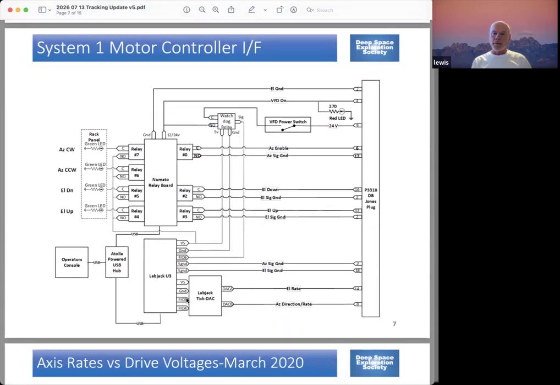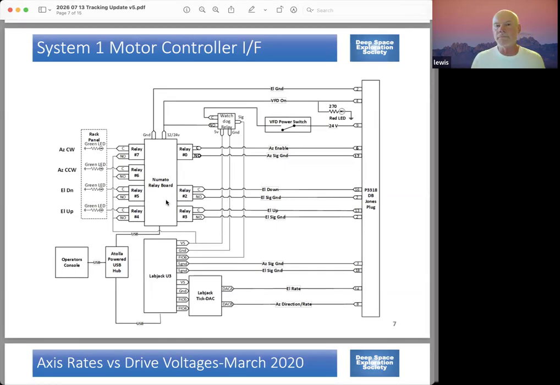Basically the elevator up and down and the as enable are switch closures, and they're driven by these relays, and the relays are controlled by the operator console via a serial over USB interface to the Numato relay board.